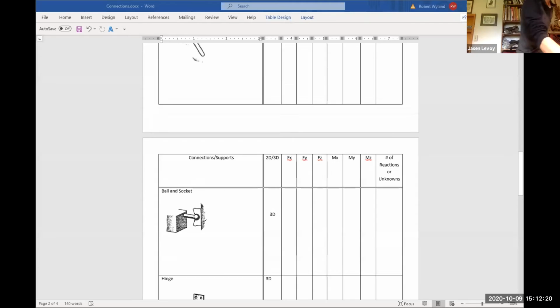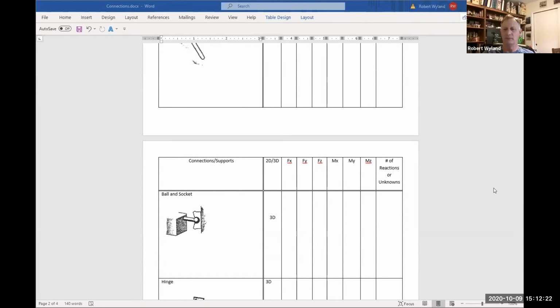So in each, let me pull it up. So it should look like this.